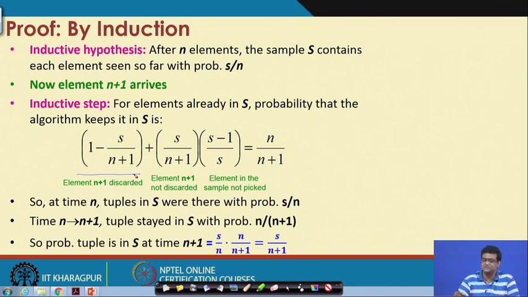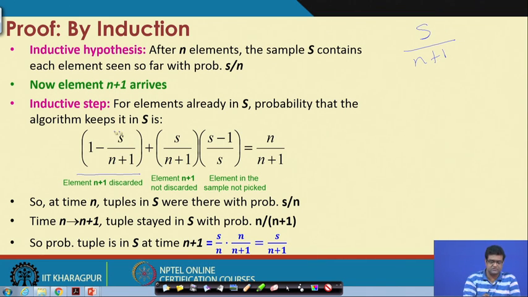That is because the algorithm says that when it is seeing the n plus 1th element, with probability s by n plus 1, it will keep the current element. So, with probability 1 minus that, it will discard the current element.